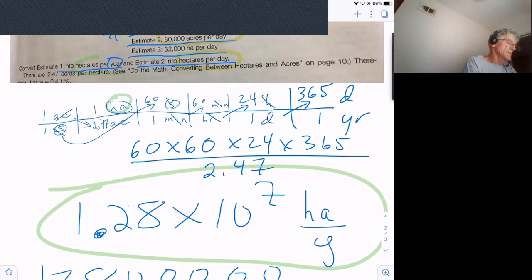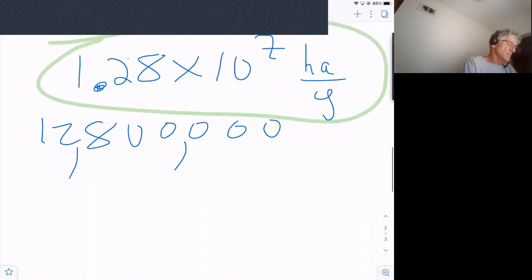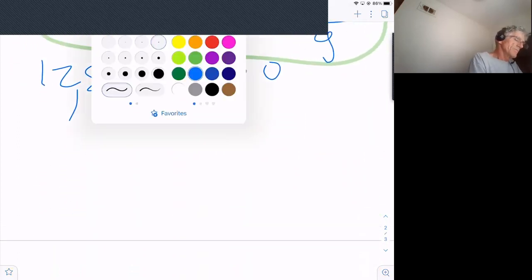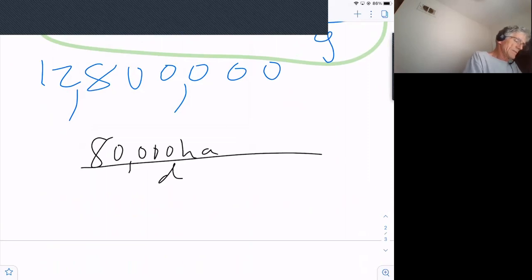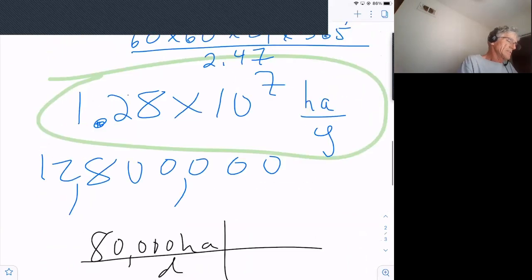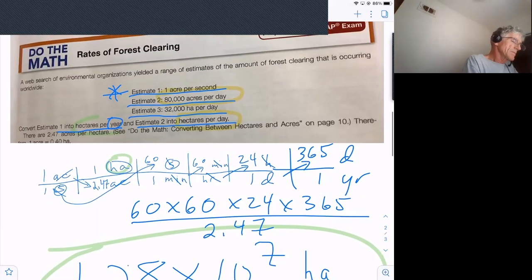Wow. So let's do that. 80,000 acres per day, and I've got to change that to hectares per day, right? So here's the question. Convert estimate 2 into hectares per day.